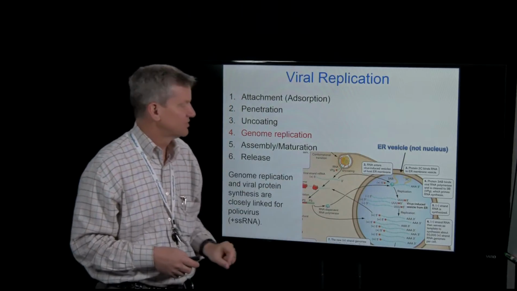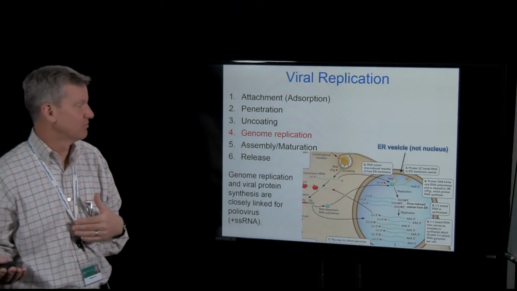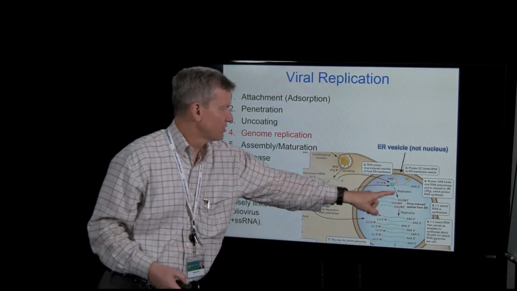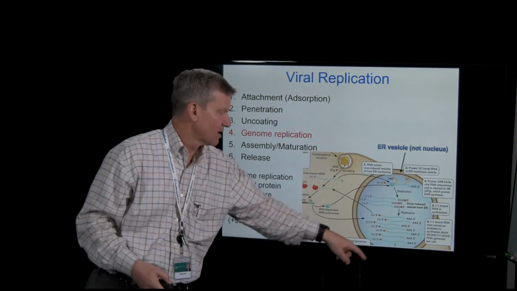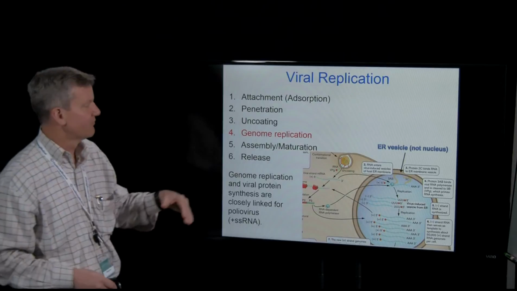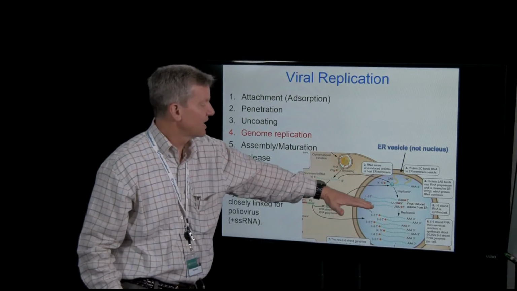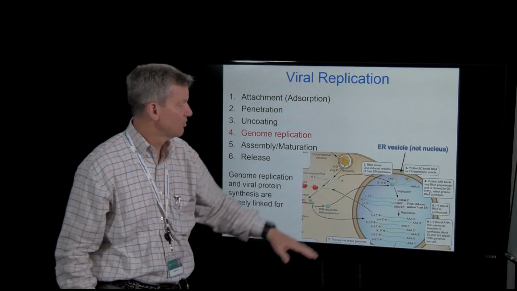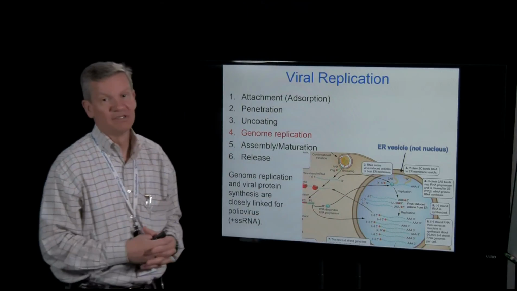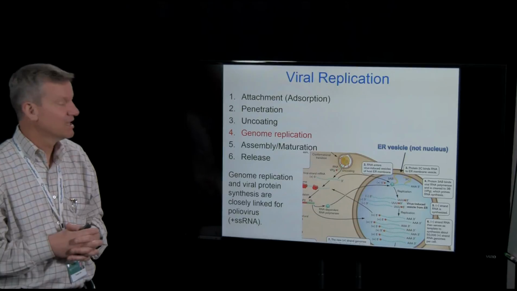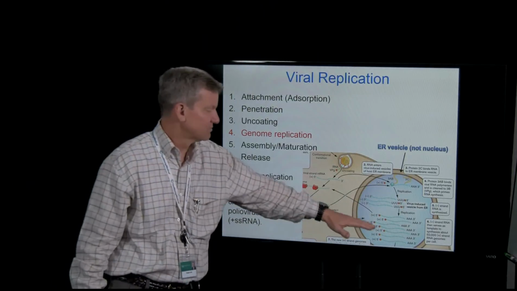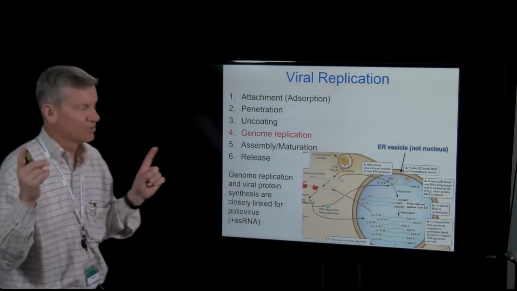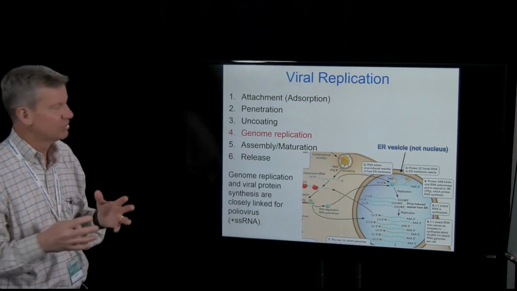The negative sense is not the genome, but then the polymerase turns back around and can make a lot of positive sense. If your viral genome is positive, you have to go through a negative sense or antisense intermediate in order to make lots more of your genome. Remember that when you're thinking about genome replication.